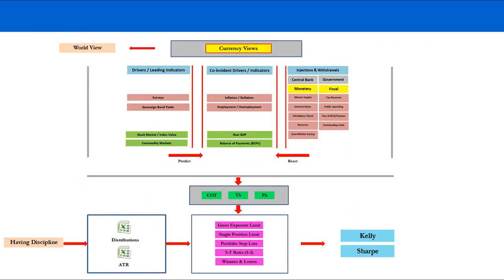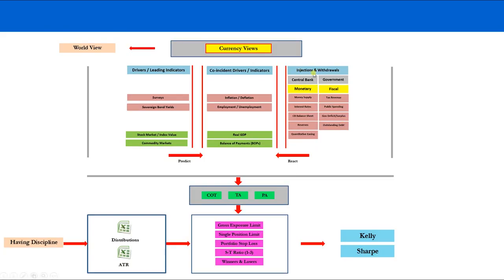So we zoom in on the currency markets and we get a feedback loop at the top level occurring because our macroeconomic views on currencies will drive our worldview, which can actually drive our views on other asset classes like stock markets, commodity markets, and also bond or interest rate markets.